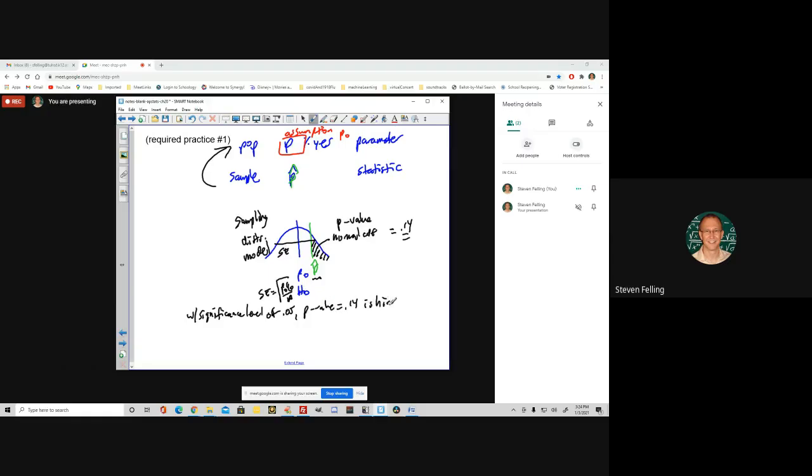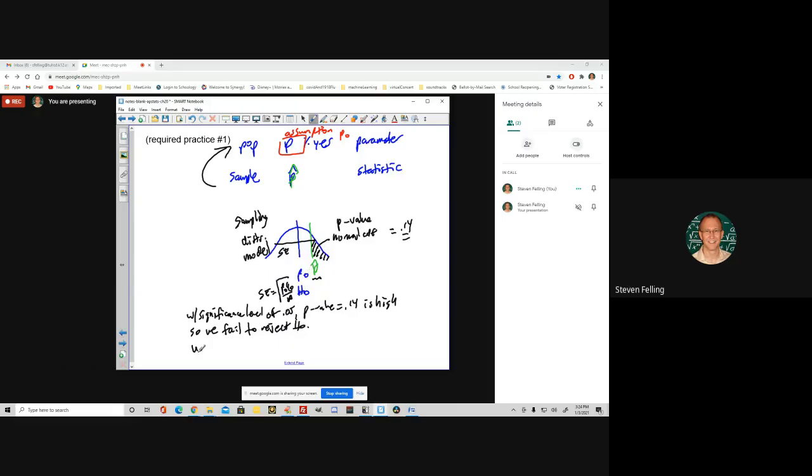It's above 5%. So we fail to reject the null hypothesis, right? So the logic was, if this is not unusual, then that means we have no evidence to reject that this is really the center.